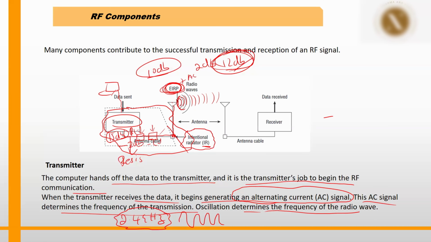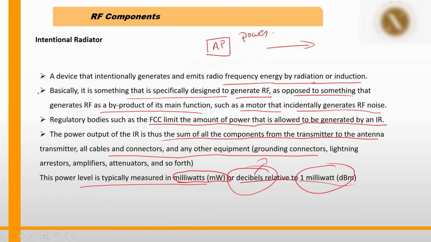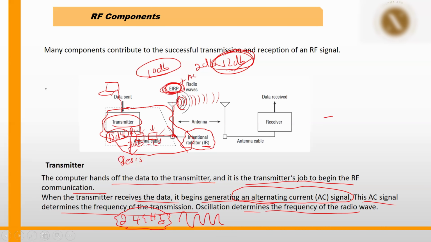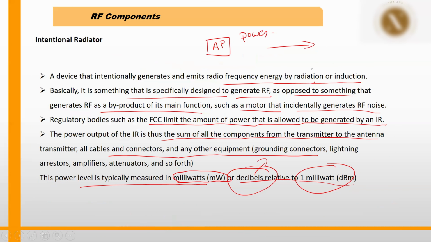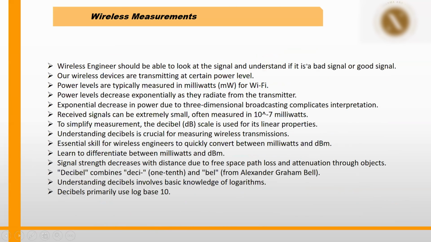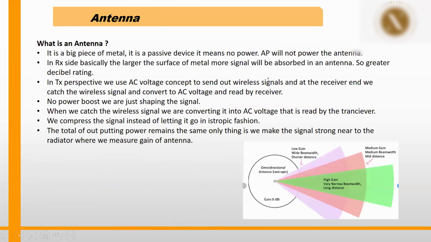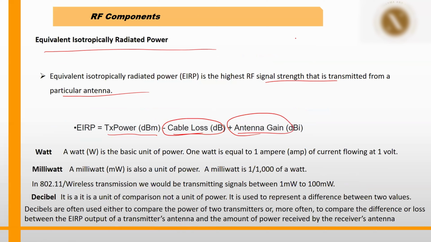When the frequency is higher, the penetration will be less. That's the main thing. And yes, wavelength is one of the factors because of which the penetration will be less on devices.